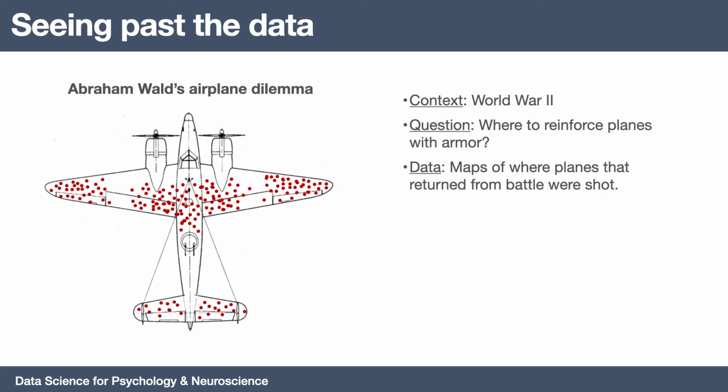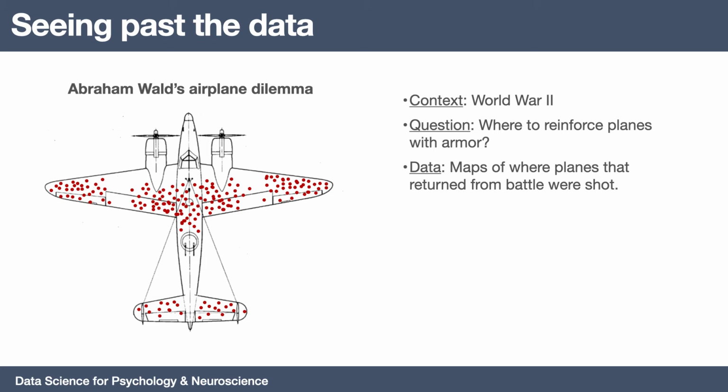Now, if you don't have a deeper intuition of the data, your first pass assumption is to put more armor where there are more bullet holes. Seems logically sound, right? But Wald knew that he was only looking at planes that had come back from battle.